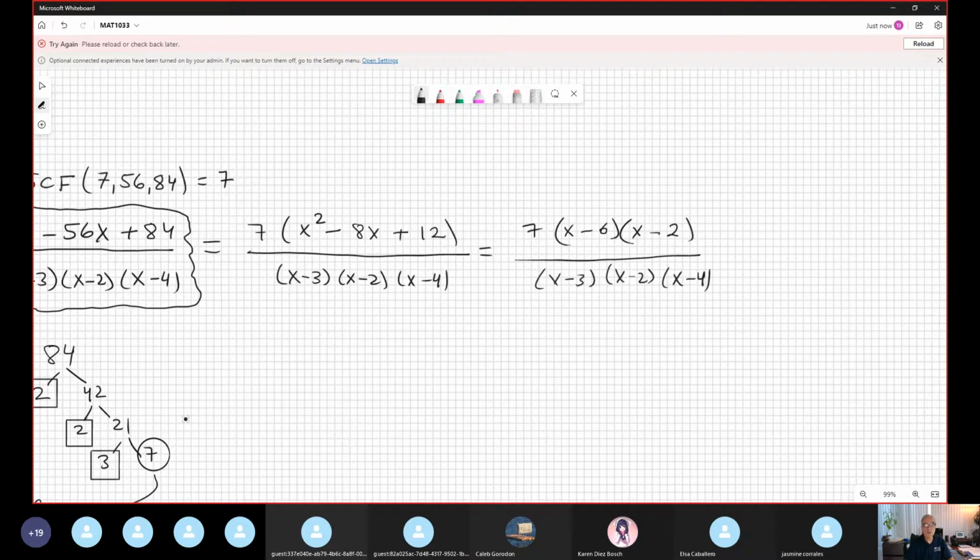So I can see clear like water that x minus 2 is cancelled. They are twin brothers, no, brother and sister. It's exactly the same twin. This answer is 7, x minus 6 divided by x minus 3 times x minus 4. And this looks like an elegant answer.